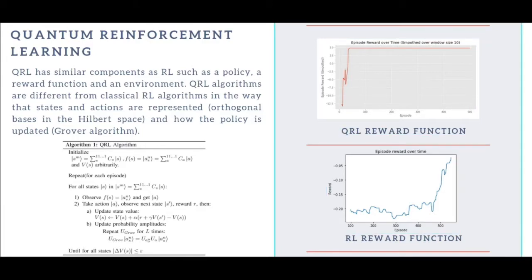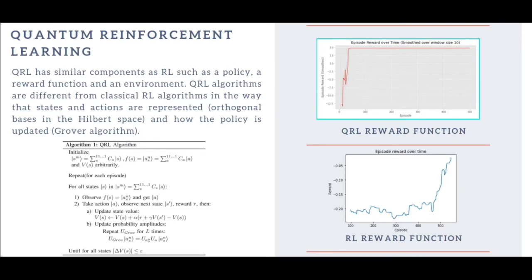Not only are there benefits in the number of episodes required for achieving a maximal reward function, there is also an efficiency advantage. Whilst the classical reinforcement learning required around 21 minutes to train, the quantum reinforcement learning required only about 1 minute.